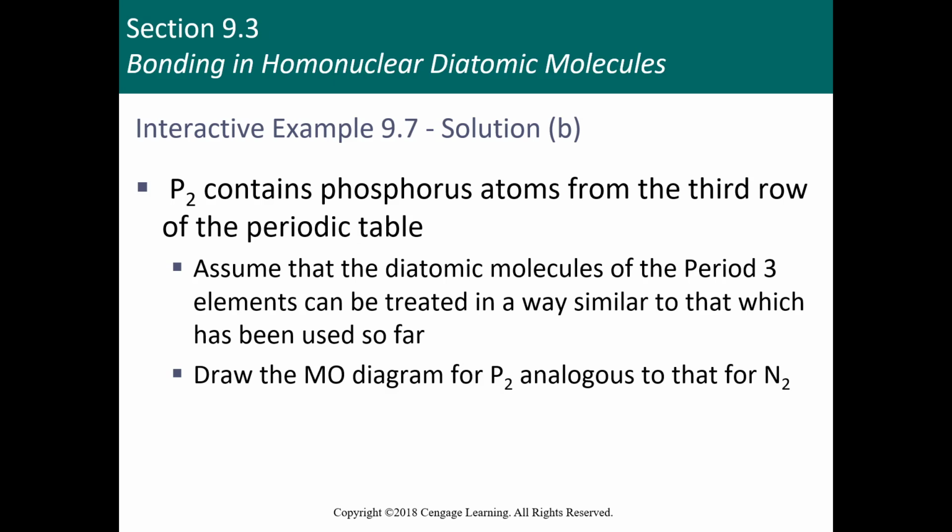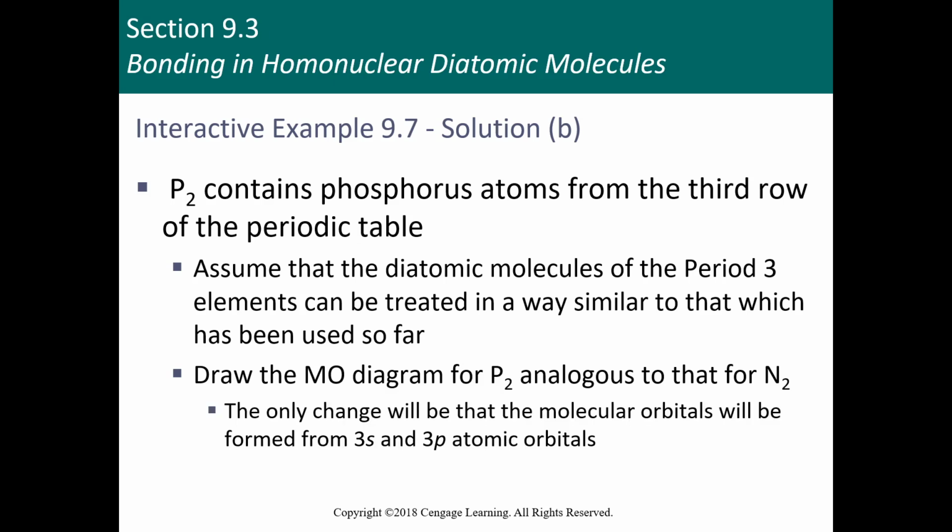We can draw this P2 just like it would be N2, because remember that what makes a group, as in nitrogen and then phosphorus under it, which is group 5, is that they have the same number of valence electrons. And so that means our molecular orbital diagrams are going to end up being the same.